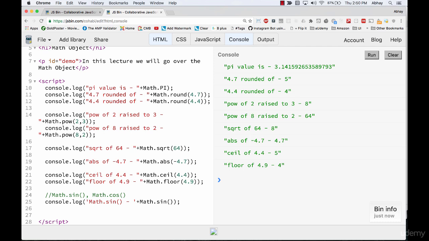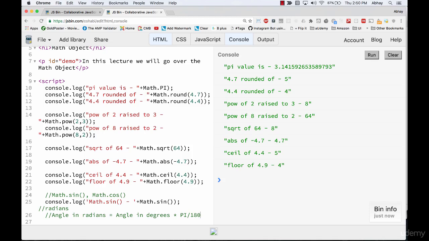You can have angles in radians or in degrees, but Math.sin accepts it in radians, so always in radians. If you want to convert from degrees, there is a formula we use in mathematics: angle in radians is equal to angle in degrees into pi by 180. You can use this to get the angles in radians in case you want to give the angles in degrees.